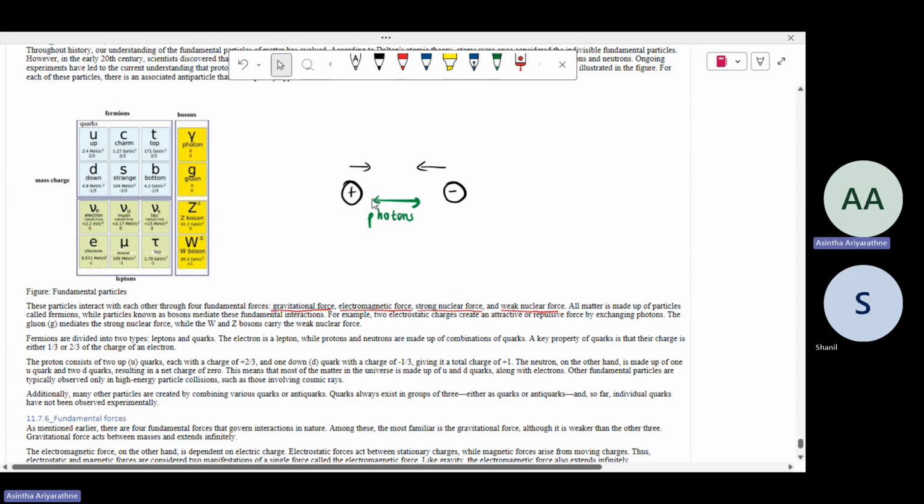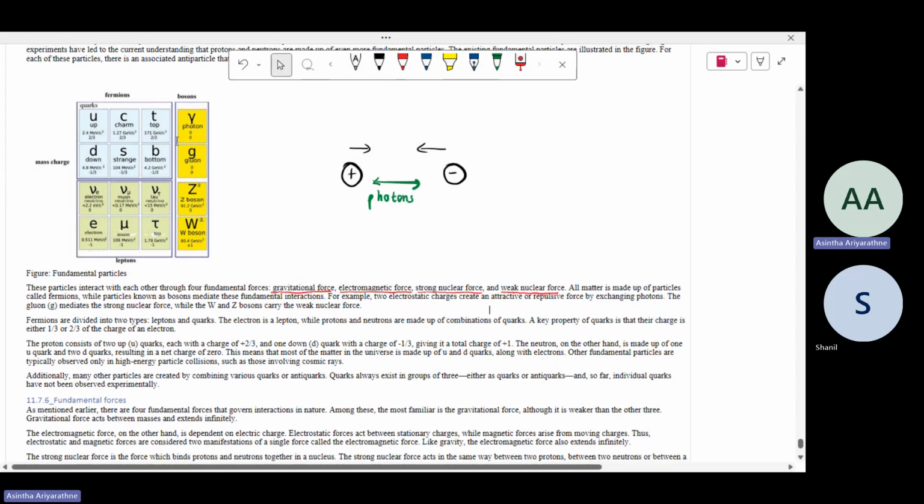Electric force is one type of electromagnetic force; electromagnetic means electric force or magnetic force. So that's the purpose of bosons, to make the intermediate attractive or repulsive forces between particles.